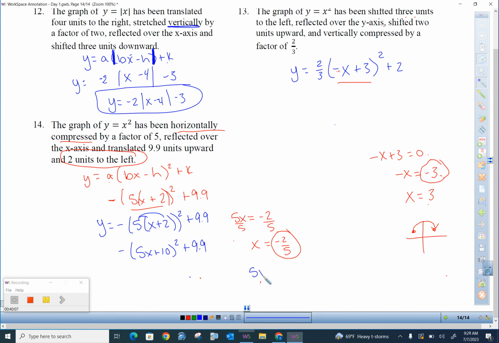And then if I go over here, 5x plus 10 equals 0, I've got 5x equals negative 10, and that tells me x is negative 2, the translation to the left like I wanted it to be. So when you see b with h, what you're going to do with these sentences is always write b factored out.